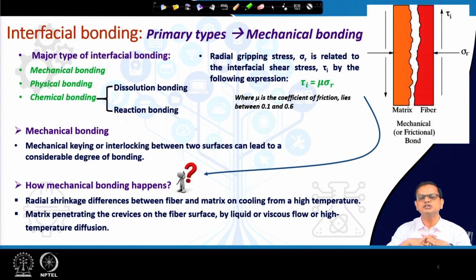In most cases where chemical reaction is not possible or not suggested, in some cases chemical reaction is not good, right, that leads to formation of different kinds of phases which could hamper the properties, harmful phases. In those cases chemical reaction is not wanted. So, in those cases we completely rely on mechanical bonding, and mechanical bonding could be very high.